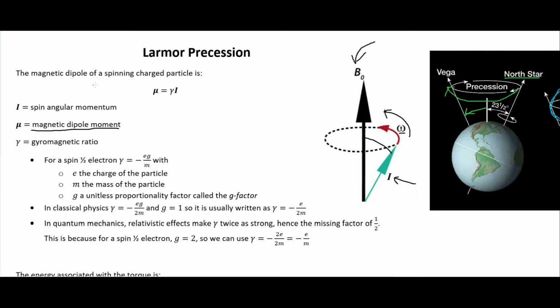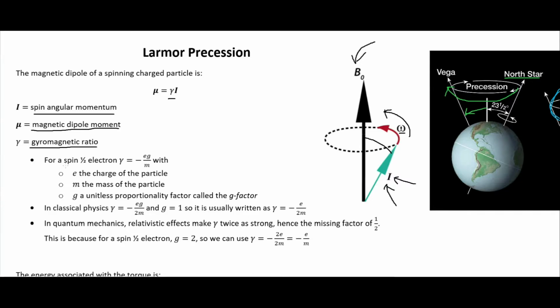So the magnetic dipole of a spinning charge is this: gamma times I. I is the spin angular momentum. Griffiths actually uses an S for this, but since the image that I got was using an I, I just used I instead. Gamma is the gyromagnetic ratio, and I explain that a little bit here.